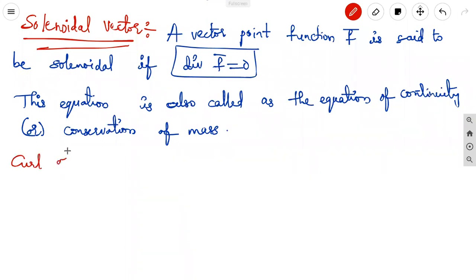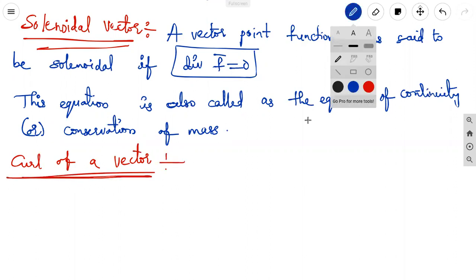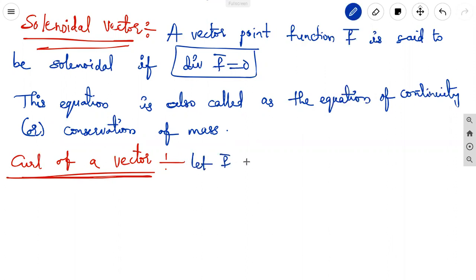Next definition is the curl of a vector. Curl of a vector means: let f vector be any continuous and differentiable vector point function.